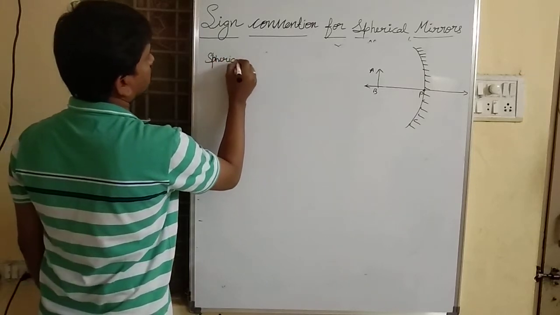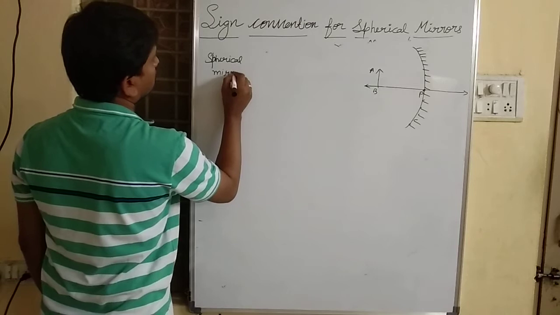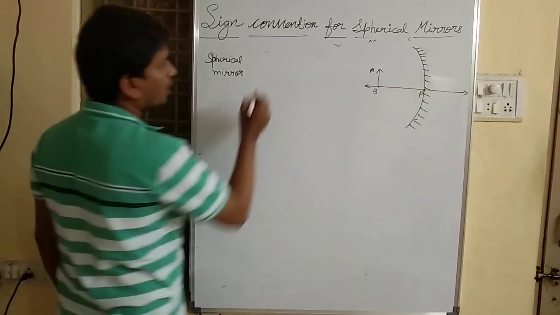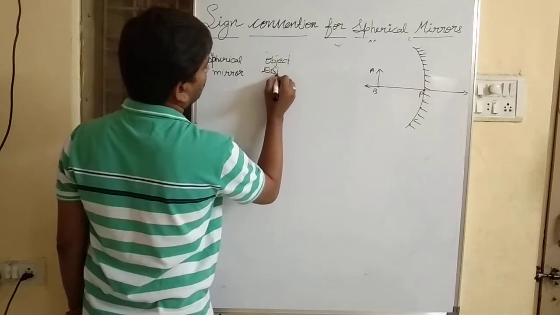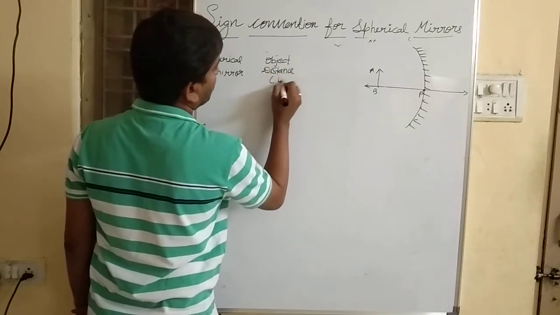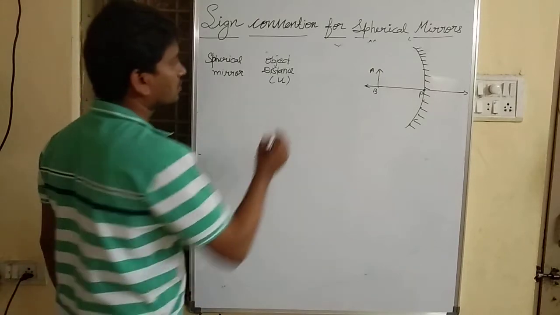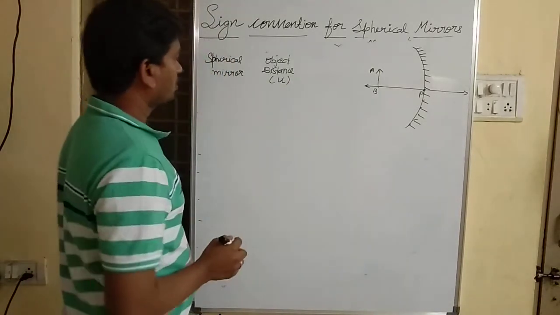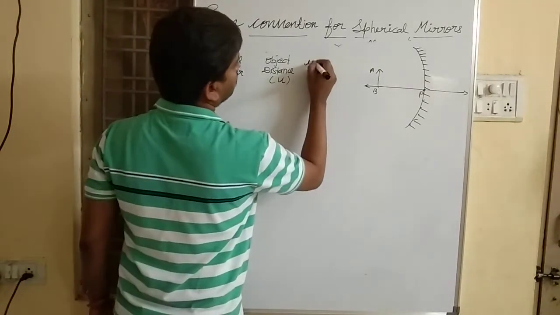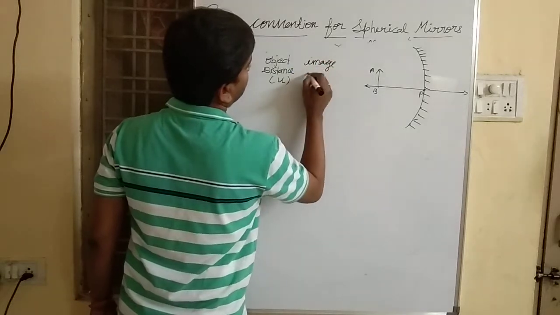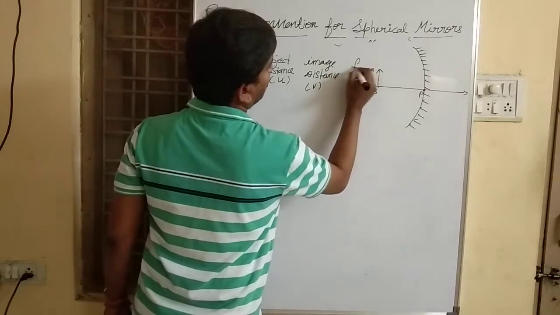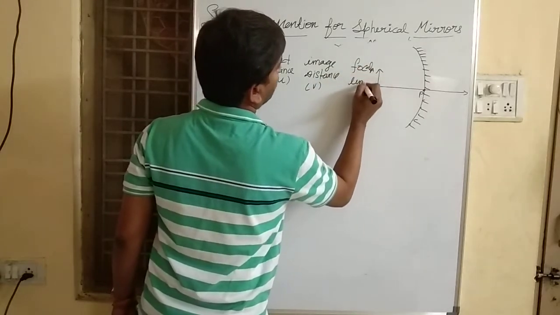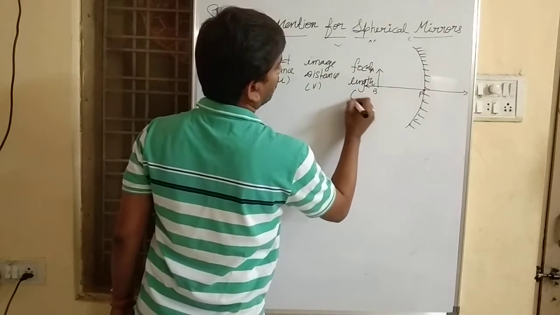For a spherical mirror, object distance we can represent with letter U, image distance V, and focal length F.